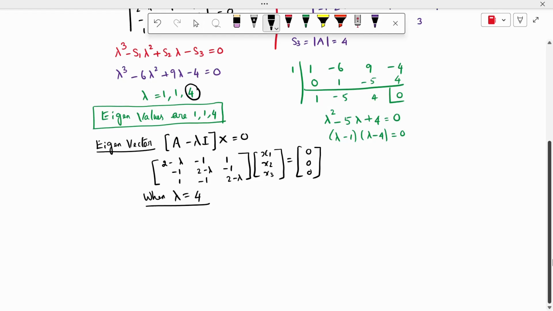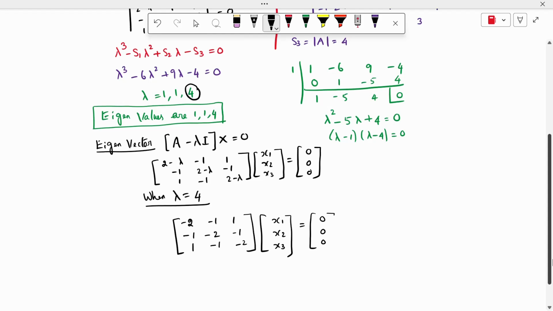In this, I get the matrix minus 2, minus 1, 1; minus 1, minus 2, minus 1; 1, minus 1, minus 2, into x1, x2, x3 equal to 0, 0, 0. Now check: you have only three different equations.